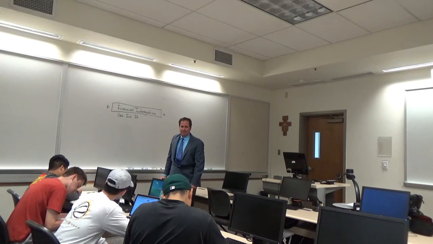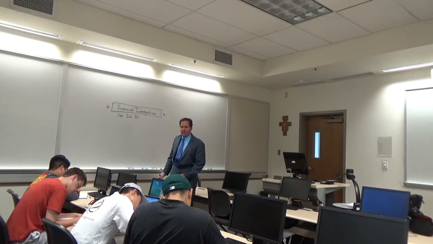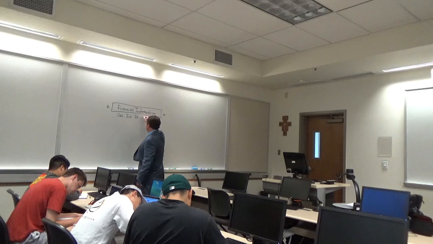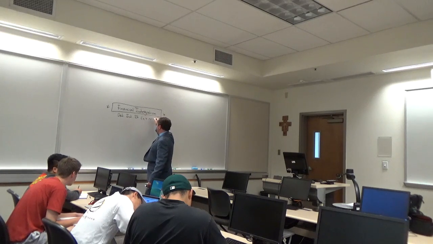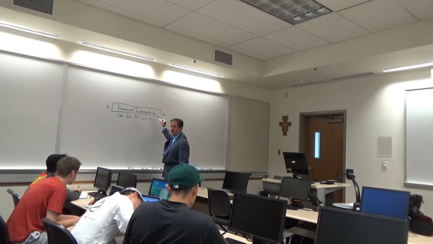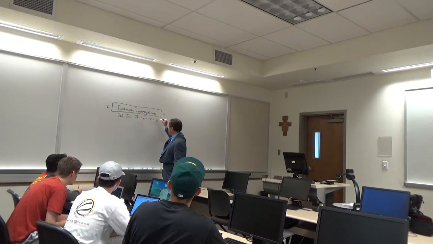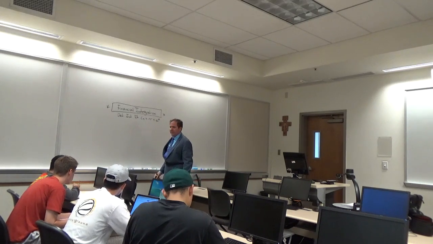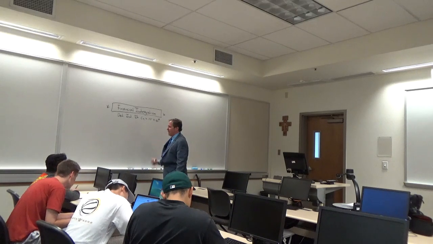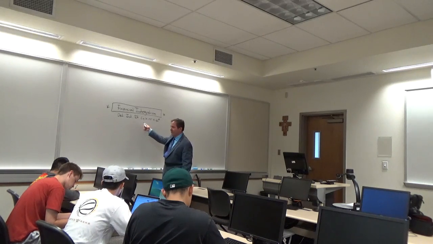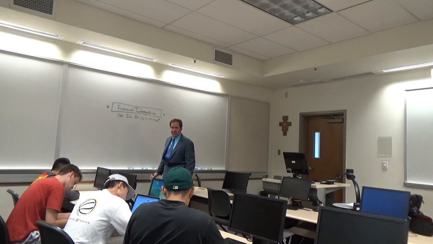So how do you determine nominal interest rates? Real plus expectations of inflation. Exactly. So it's real rates of return plus inflation expectations that is going to determine the nominal interest rate. Okay?